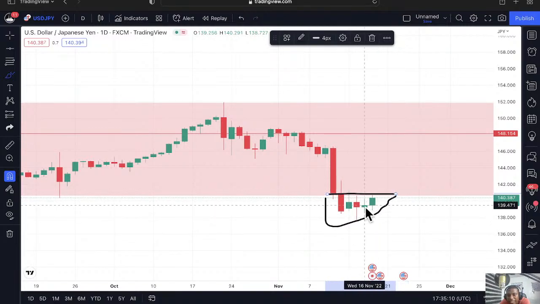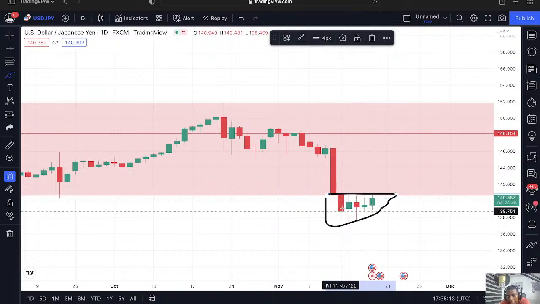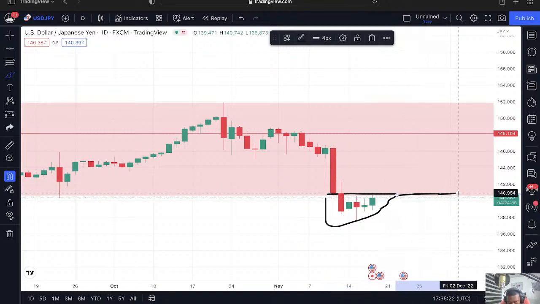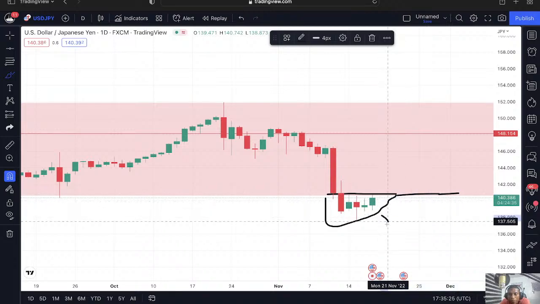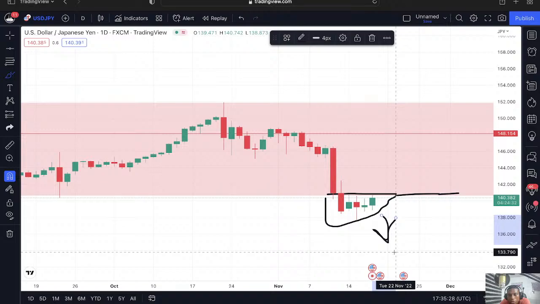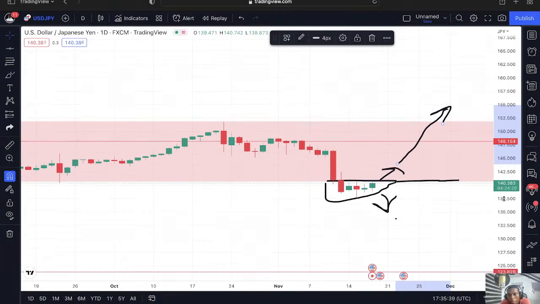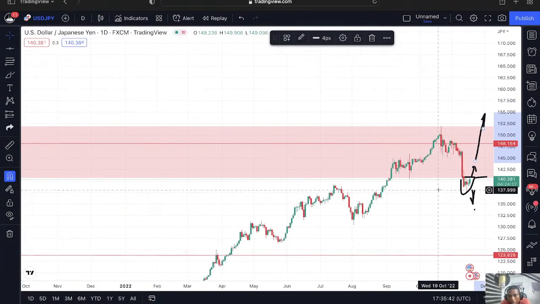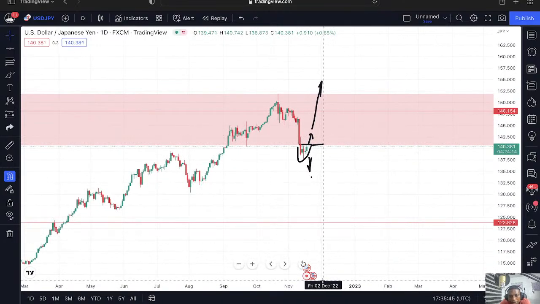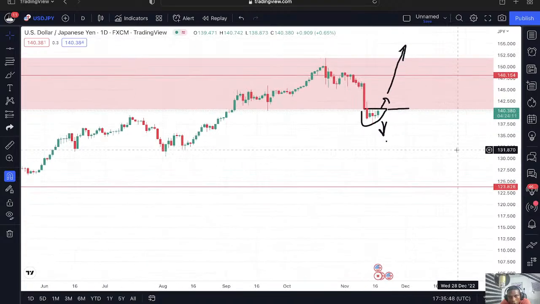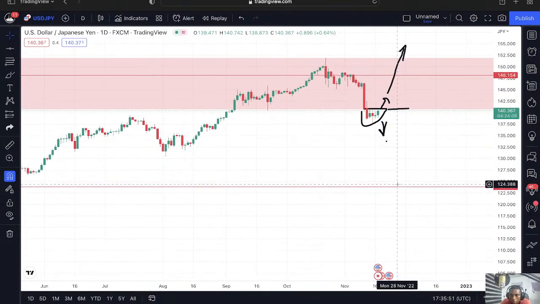If you can see, it's trying to lean against this level outside this box. If price breaks down out of this region, price will continue to fall.